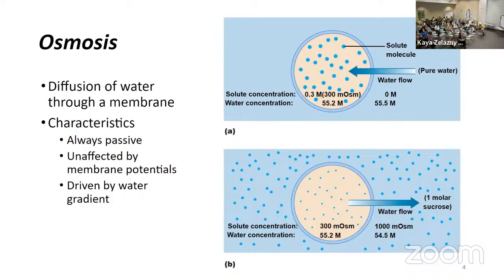Okay. So characteristics of osmosis. Osmosis is always a passive process. You're never going to have a water pump. It's always traveling down the gradient of water, right? So it's always traveling from areas where we have lots of water to areas where we have less water.